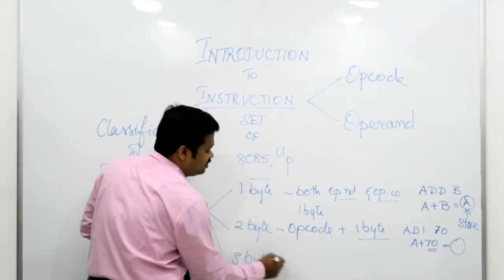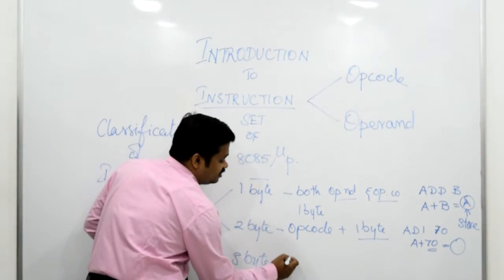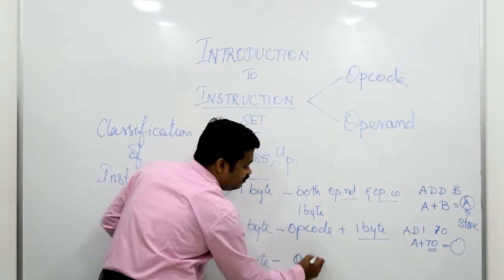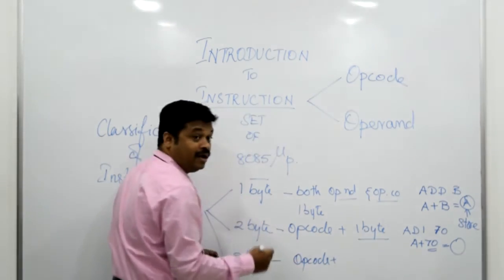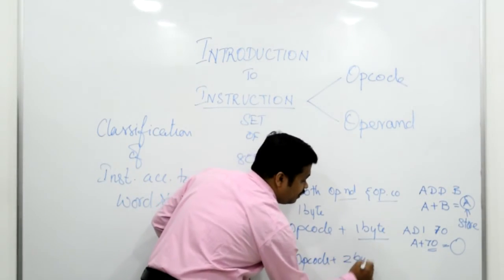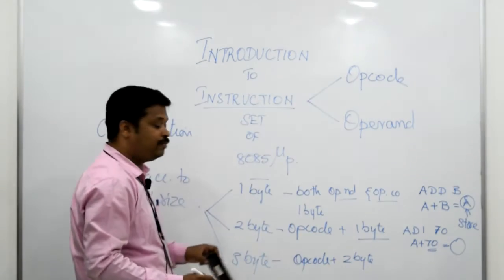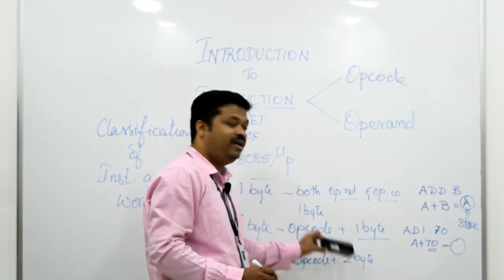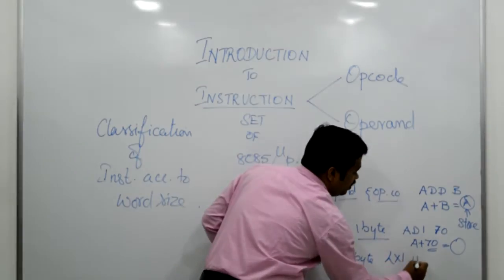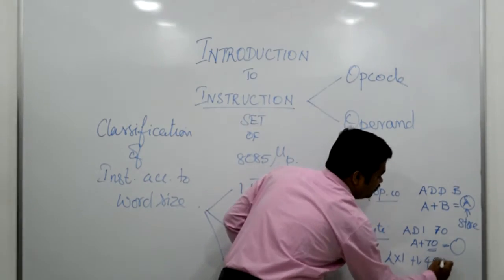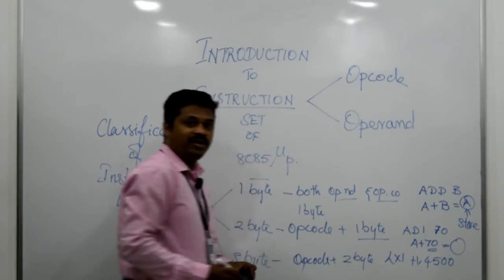And the third one is the 3 byte instruction. You will have an opcode which is 1 byte, and you will have an operand which is 2 bytes. For example, you will have an instruction called LXI H, 4500. What does it say?